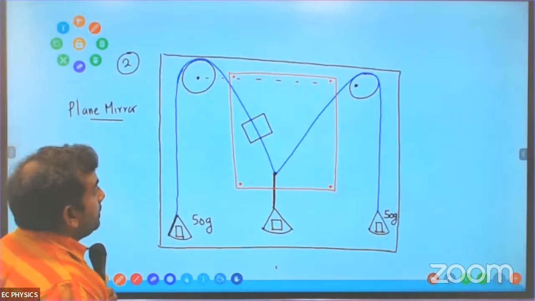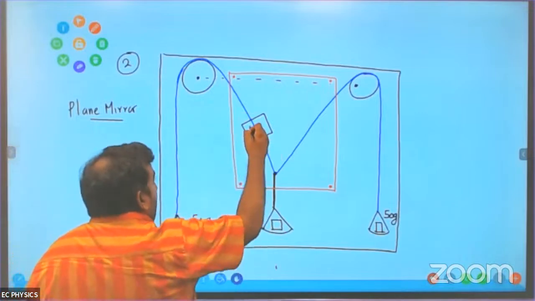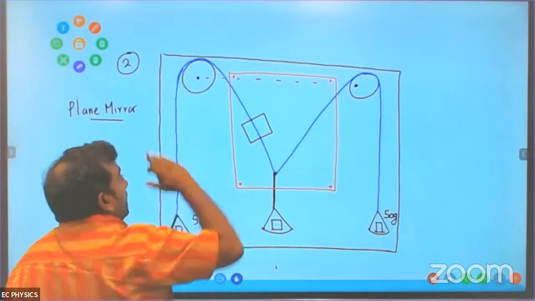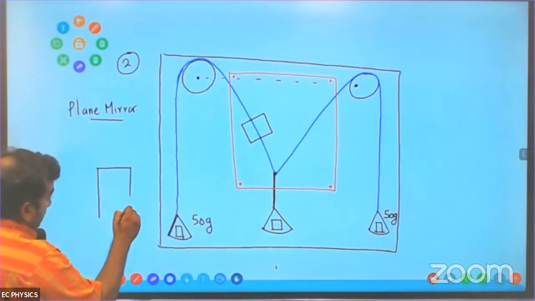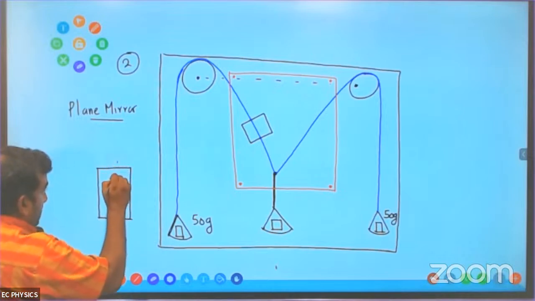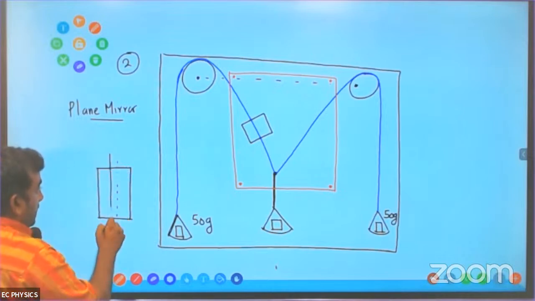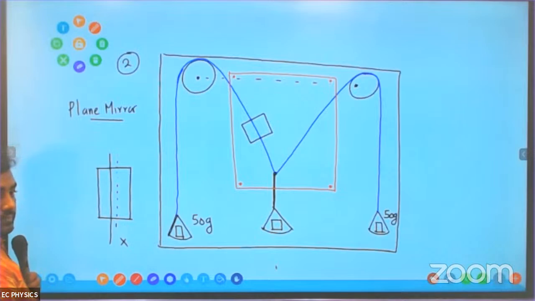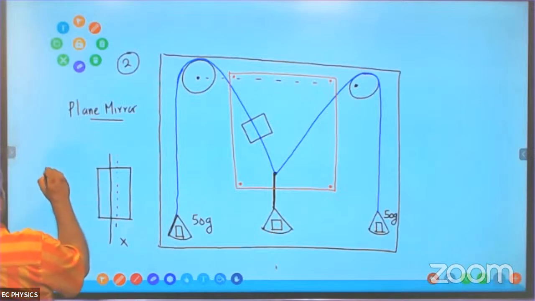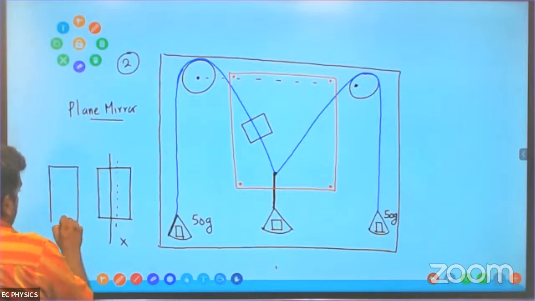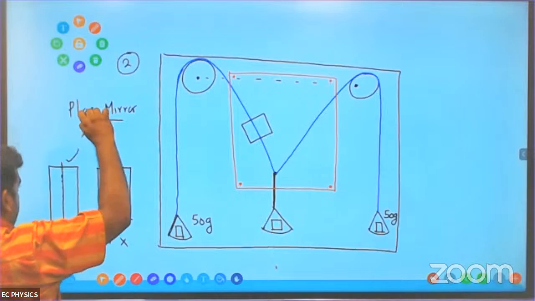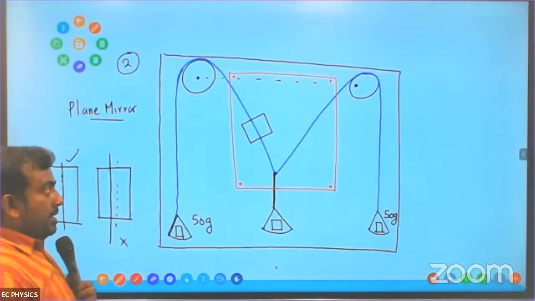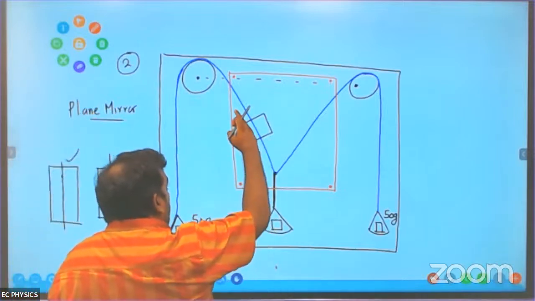And when the string and its image are in line with each other, not like this, with the image here and the string here, but with the image here and the string also over it, coinciding, that case.